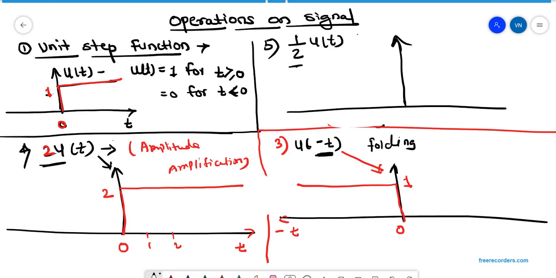Initially I have the amplitude 1. Whenever I divide by 2, I get the amplitude 0.5. So at each and every time instant, my amplitude becomes 0.5 because I divided by 2. You can call this type of operation compression. Compression of what? Amplitude.